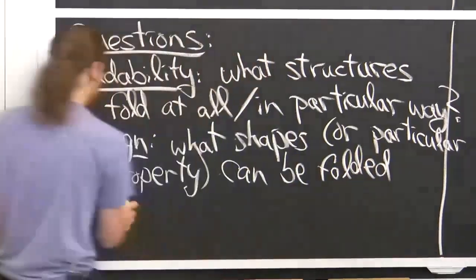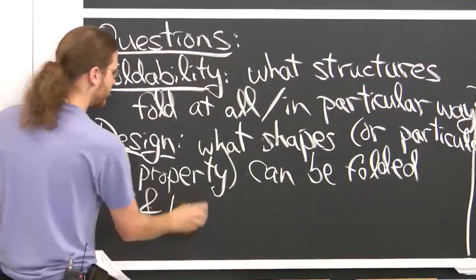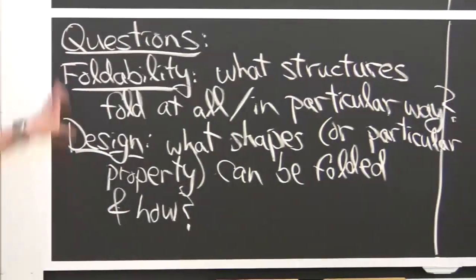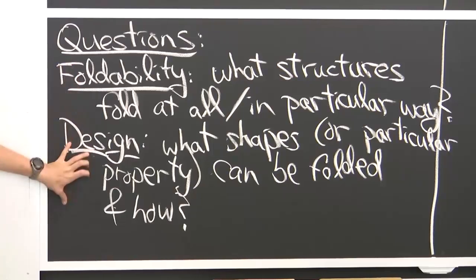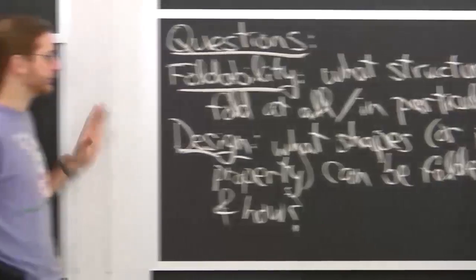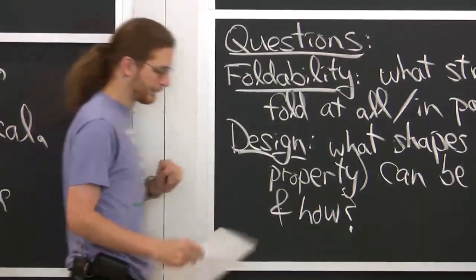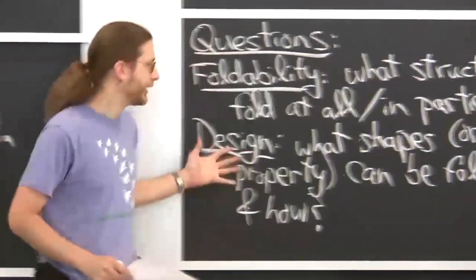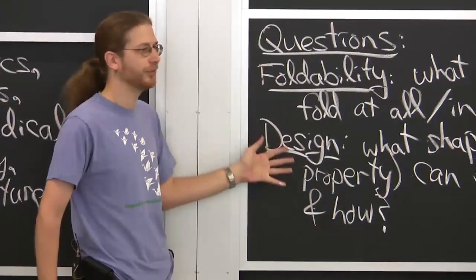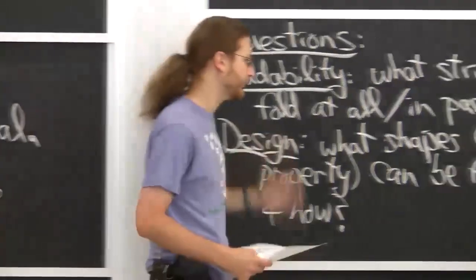And of course, if you can, how do you do it? So in general, you could think of this as a more mathematical question. This is a more algorithmic question, but usually, actually, both of them are addressed with algorithms to some extent. Of course, design is somehow cooler, but often we need to understand foldability before we can solve design. But not always. It depends.